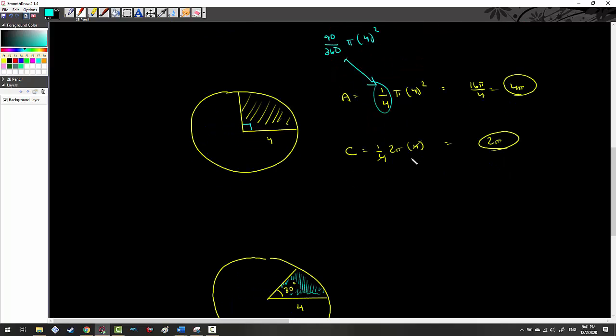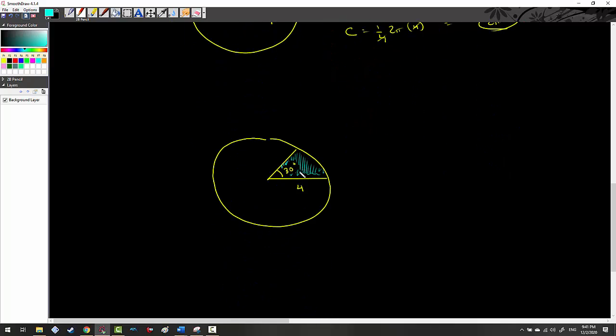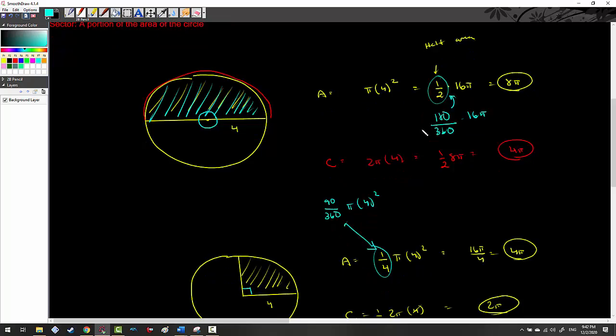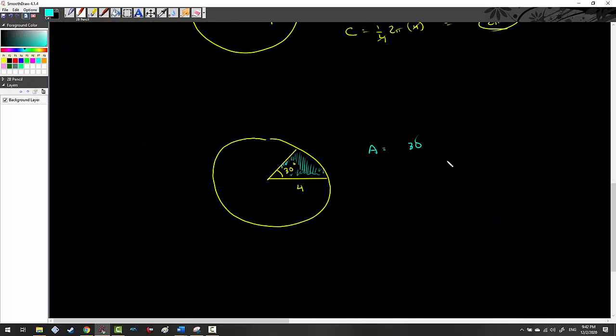So by that extension, if I wanted to find only 30 degrees of this sector area, then the area is going to be that angle, just like I did with the 90, just like I did with the 180. This time I would do 30 over 360 times pi r squared.